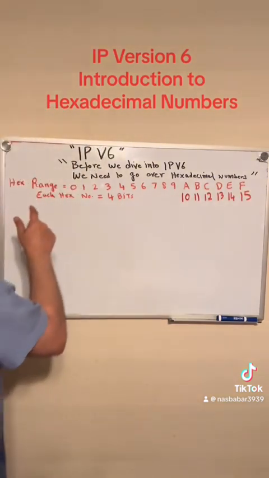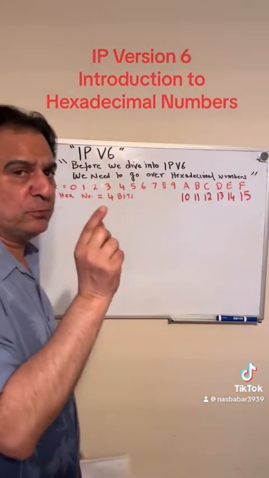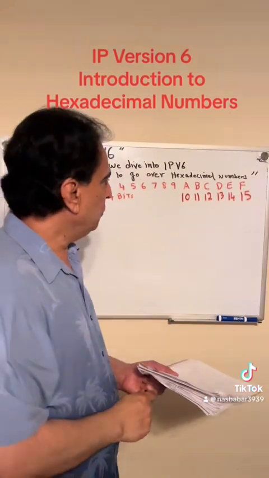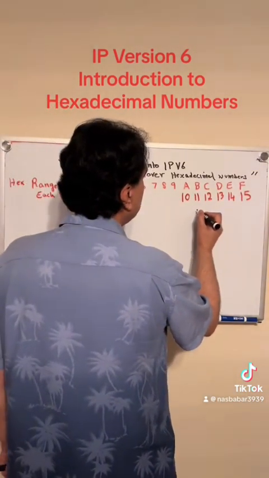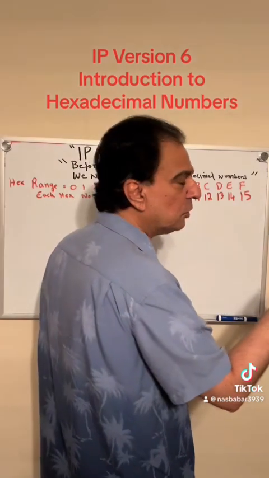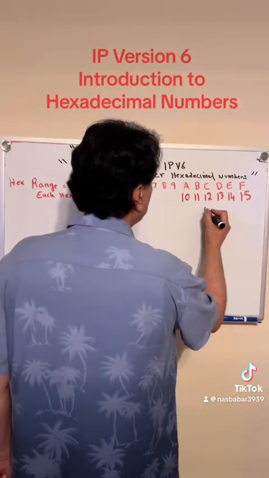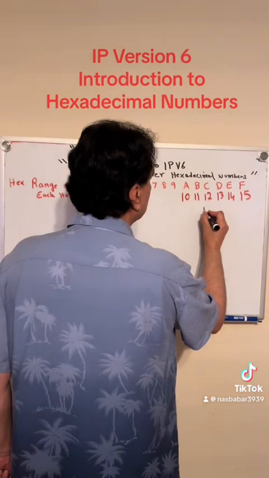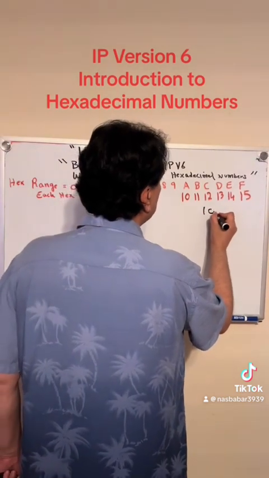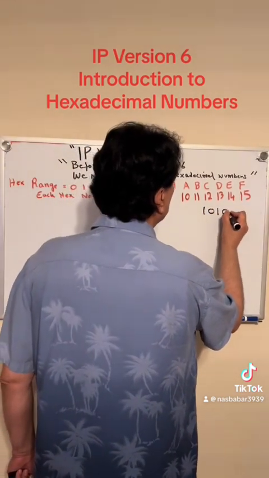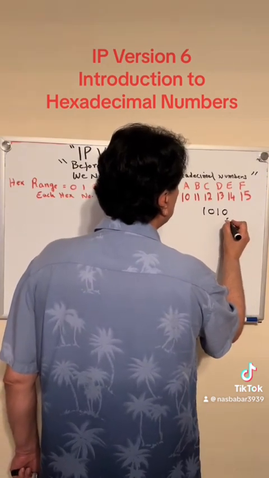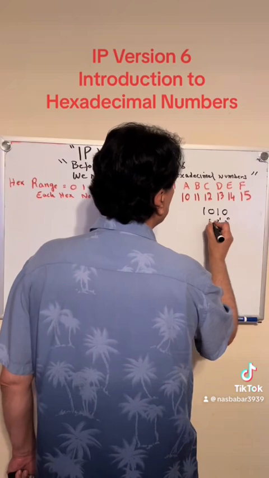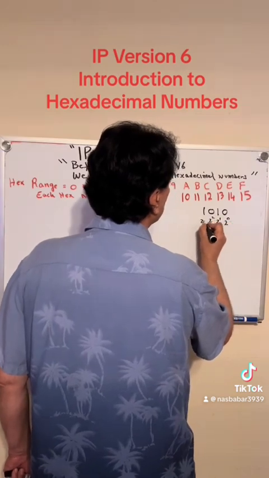Also, each hexadecimal digit has 4 bits. If you remember, when I was talking about bits, they can be either ones or zeros or a combination of ones and zeros, like for example 1, 0, 1, 0. If you recall, I said 2 raised to power 0, 2 raised to power 1, 2 raised to power 2, 2 raised to power 3.